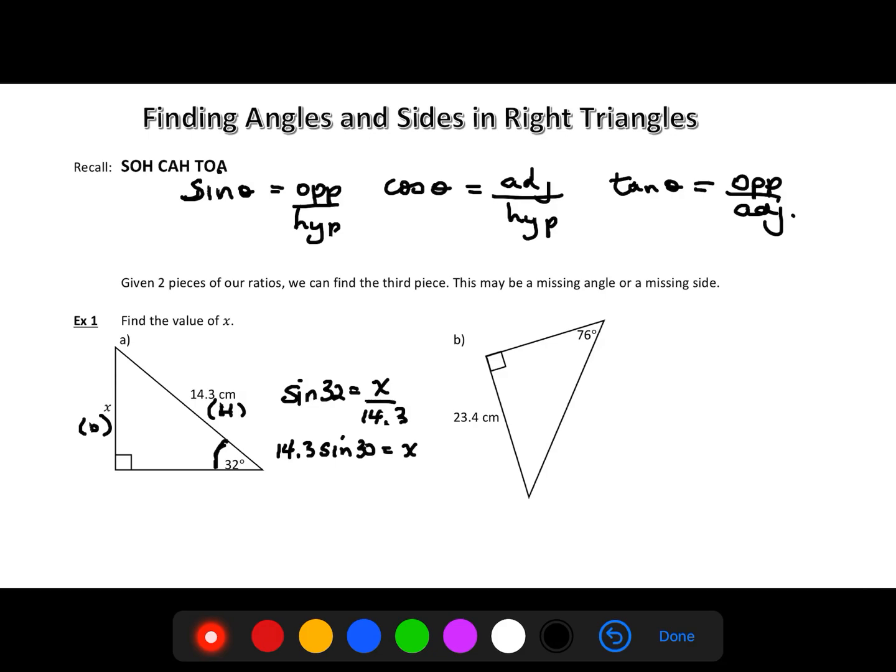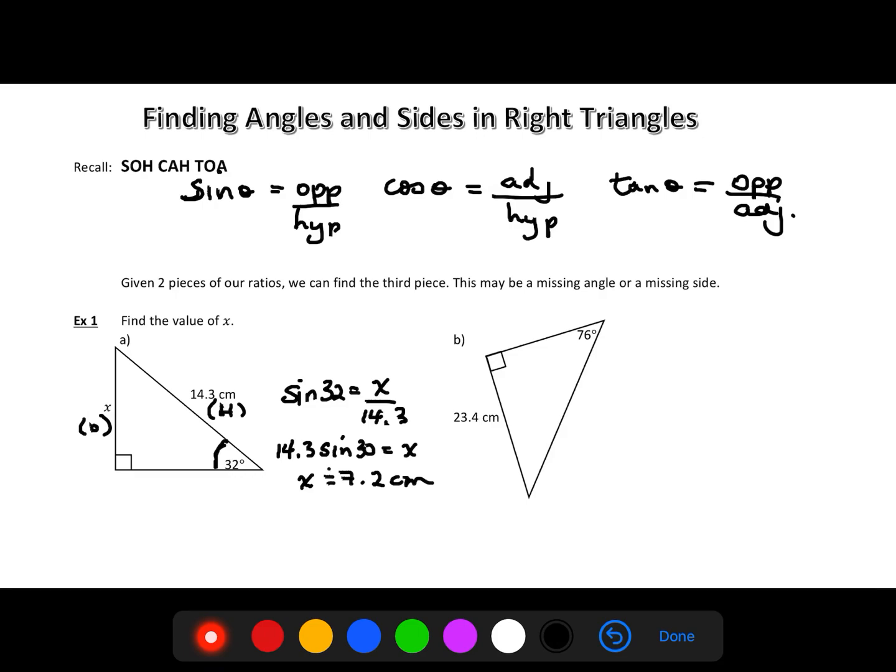Taking our 14.3 over to the other side and multiplying by sine 32, rounding to the first decimal place, we know that x is equal to 7.2. We make sure our units are on there, and we verify and look it over.